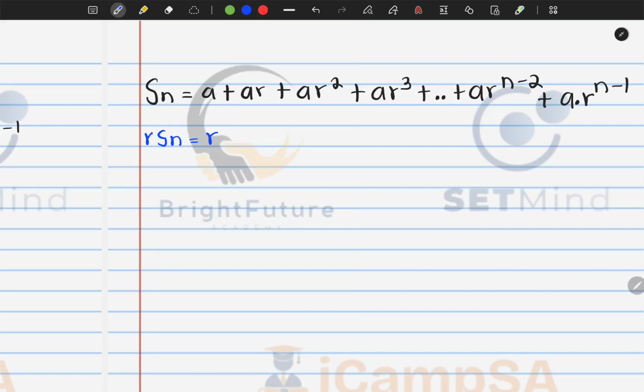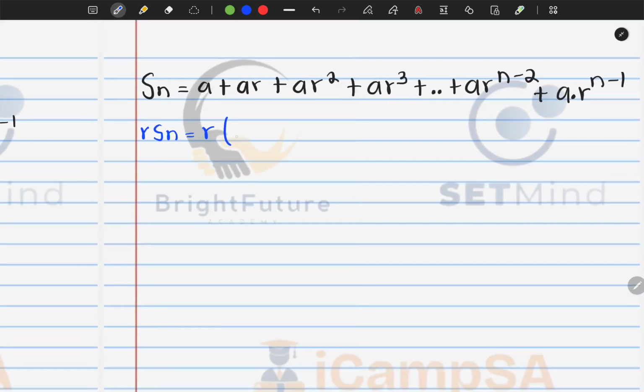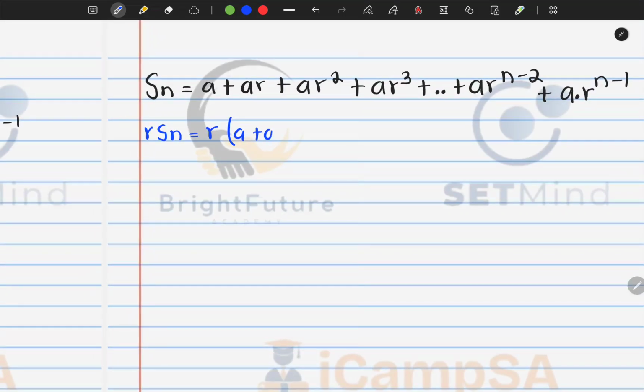That means I'll have r multiplying everything which I see above, which is a plus ar plus ar squared plus ar cubed plus, and then ar to the power of n minus 2 plus ar to the power of n minus 1.